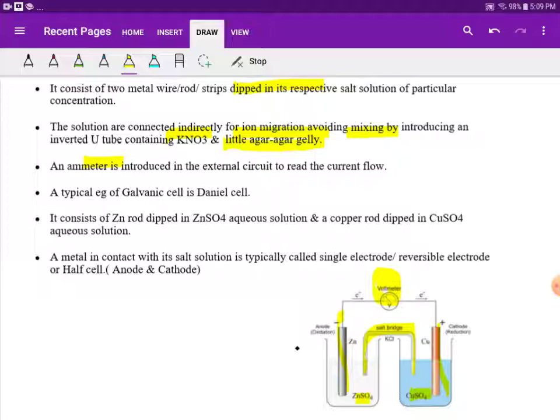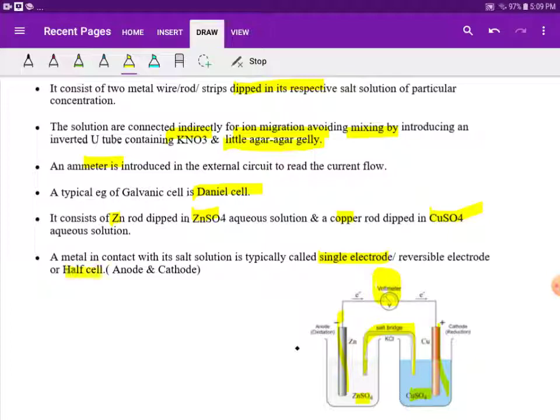As I mentioned, a typical example of a galvanic cell is the Daniel cell. It consists of a zinc rod dipped in zinc sulfate aqueous solution and a copper rod dipped in copper sulfate aqueous solution. A metal in contact with the salt solution is typically called a single electrode or reversible electrode or half cell.